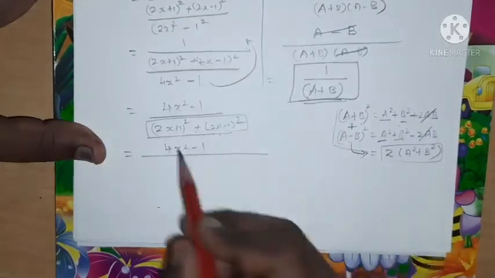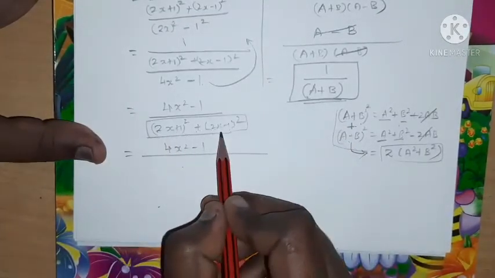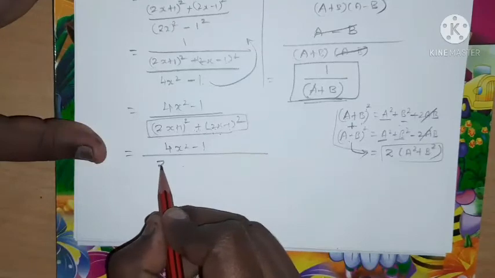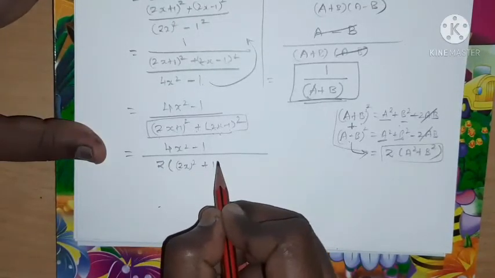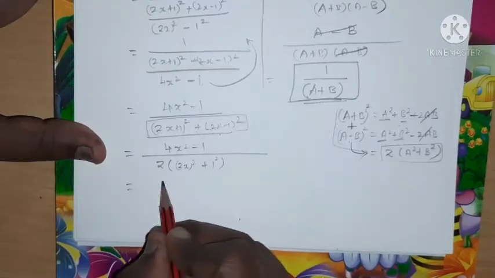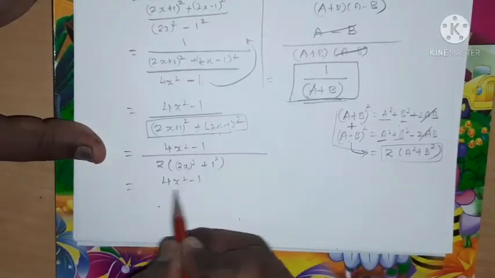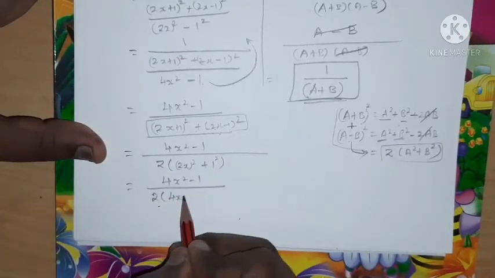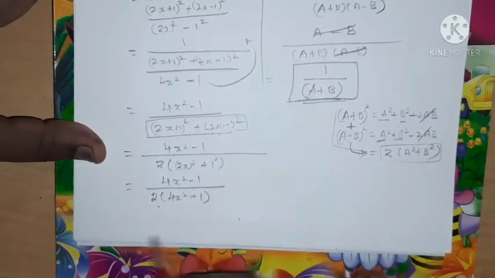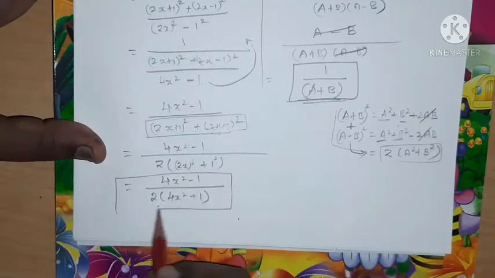Here a is 2x, b is 1. So when I substitute, what will I get? 2 into a² is (2x)², plus b² is 1². What will I get? (4x² − 1) divided by, so 2 into (2x)² is 4x², plus 1, right?